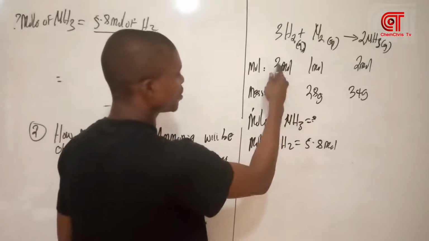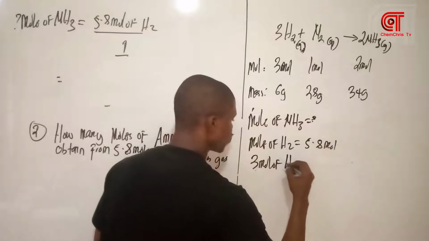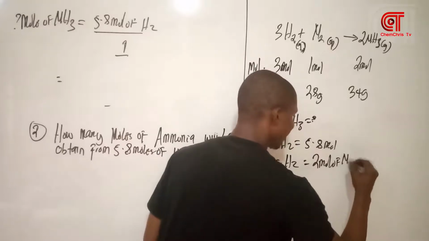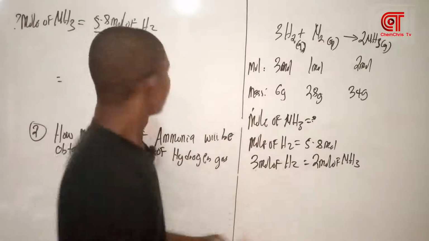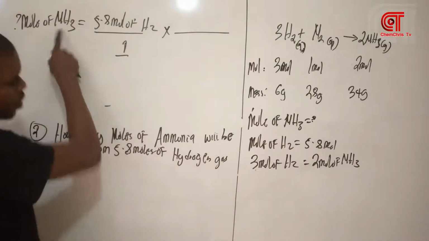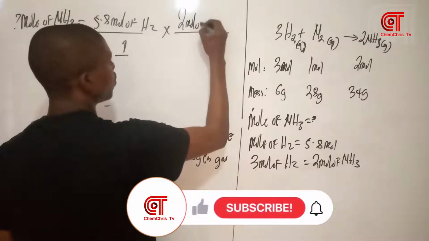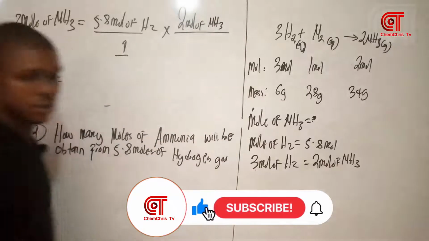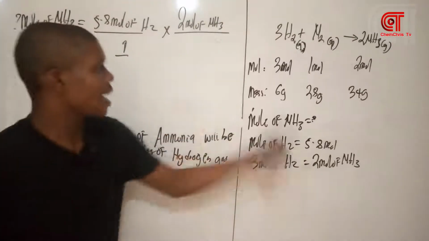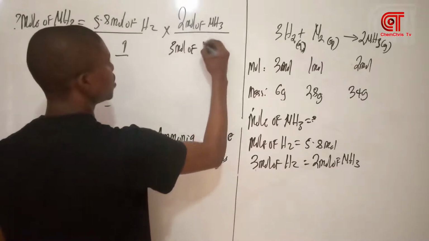From my balanced equation, 3 moles of H2 is equal to 2 moles of NH3, right? Anything you are calculating will always be at the top, because you are calculating the mole of NH3. Now what is the mole of NH3? This is 2, so it will be 2 moles of NH3, right? Then 3 moles of H2.